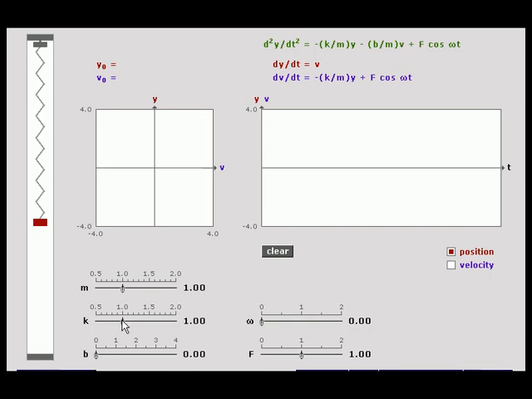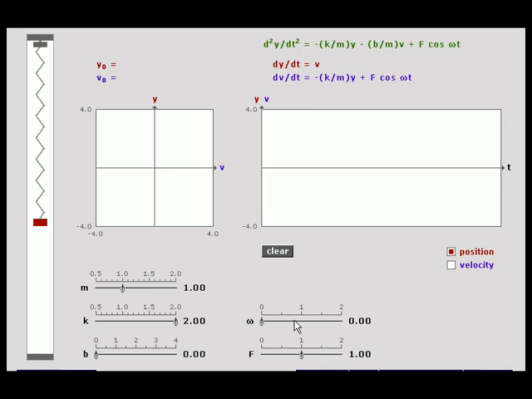I'm going to take K to be 2 and M is 1. Then the resonant frequency will be the square root of K, or square root of 2. F is 1, it doesn't matter much. M is 1, K is 2, so the resonant frequency is the square root of 2.